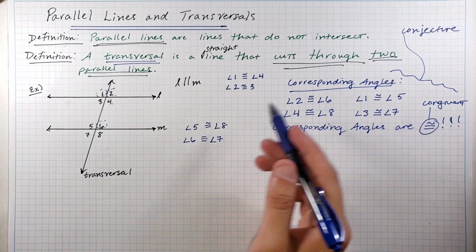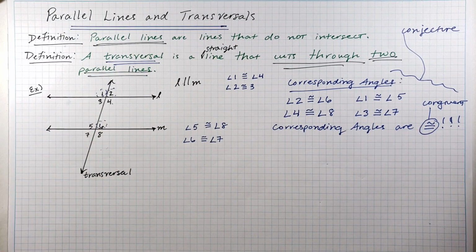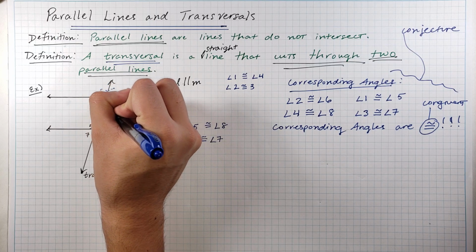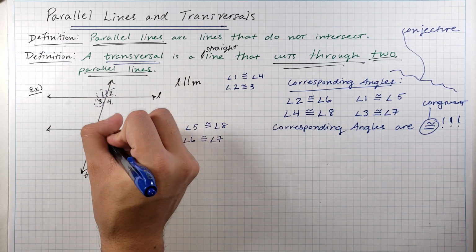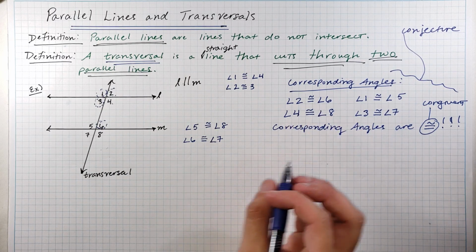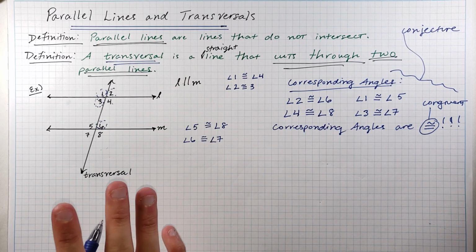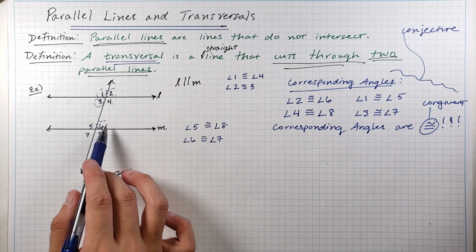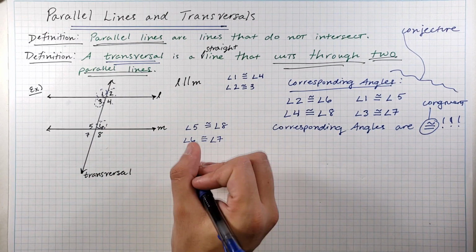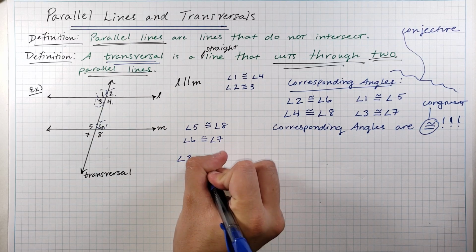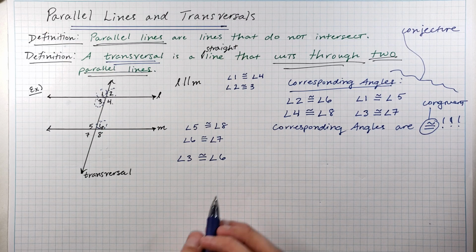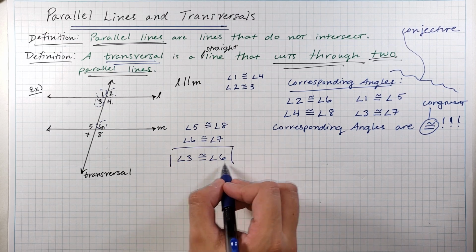All right. Now, not only do you get these corresponding angles, but you also get another neat relationship between these angles, and that's that angle 3 and angle 6 are also corresponding. All right, I'm sorry, they're not corresponding. They're congruent. Angle 3 and angle 6. So what we can say here is angle 3 is congruent to angle 6. This one's also important.